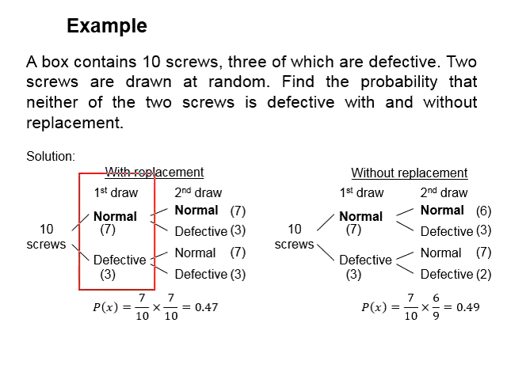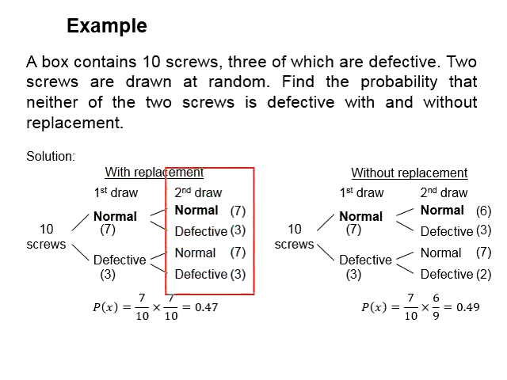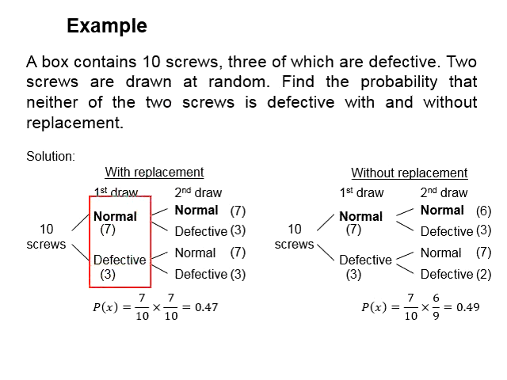Once you have drawn out a screw and you put it back before your second draw, that means it is with replacement. Regardless of what type of screw you drew during the first round, if you put it back, the total number of screws will remain the same, 7 and 3.